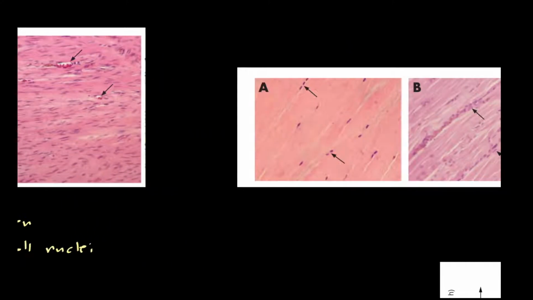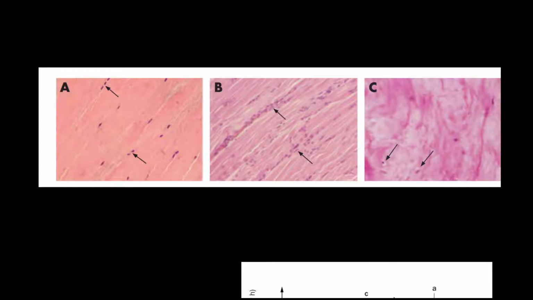I think I have a better image that shows, yeah, here we go. So this is healthy on the left. This is mild, and this is severe tendinopathy. So healthy, you can see very few cells and nice aligned collagen fibers.